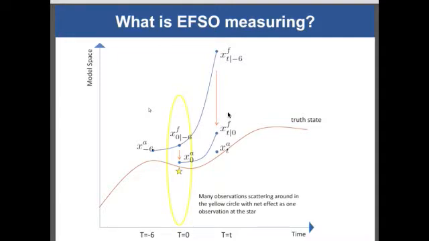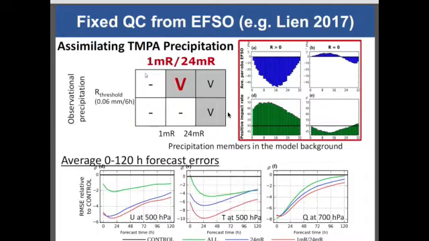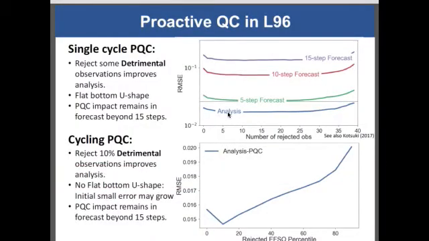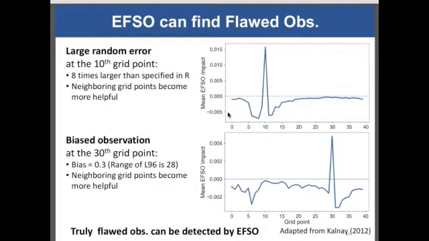Can you use it for a blacklist, for example? I think it's asking whether the detrimental impact of one type of observation is stationary through time: is it always bad, or sometimes good and sometimes bad?